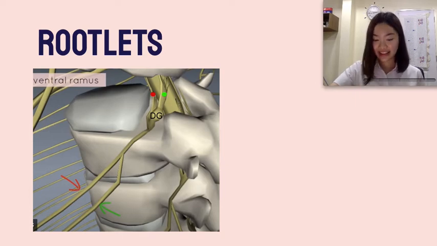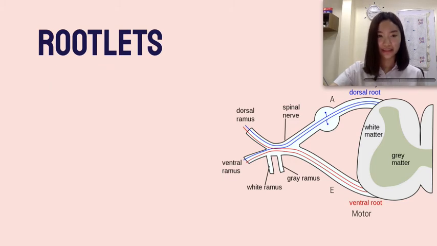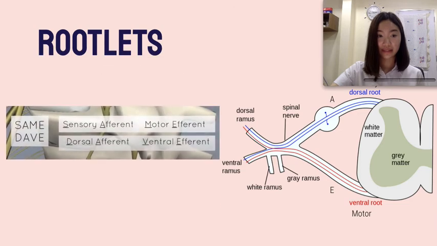In this picture you can see primary afferent neurons entering the dorsal root. In blue you can see the afferent, A, and the efferent neurons leave through the ventral roots, E in red, the bottom red. You can easily remember this with the phrase SAME DAVE: sensory afferent, motor efferent, and dorsal afferent, ventral efferent.